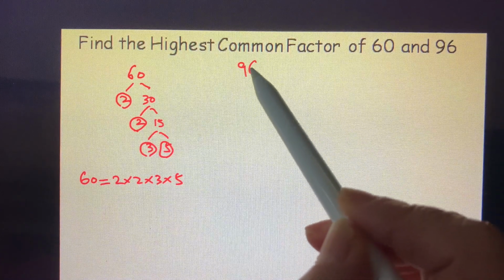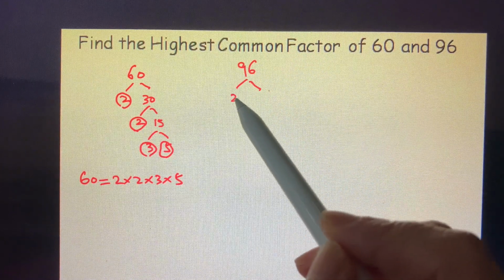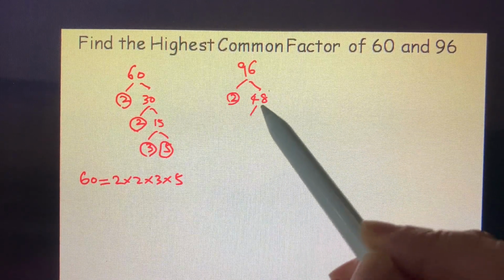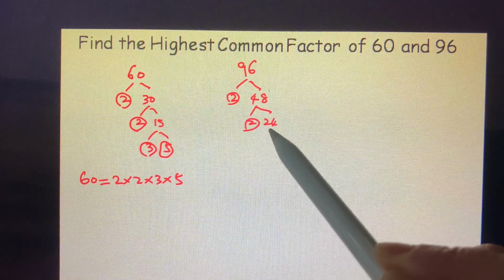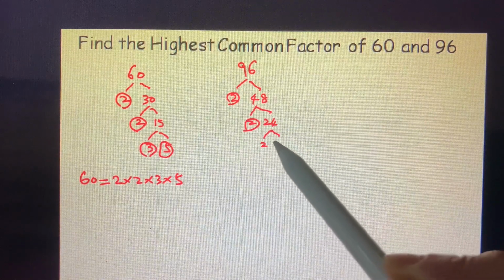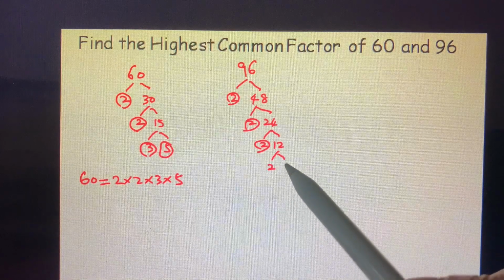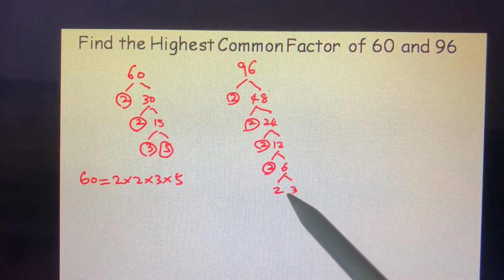96 splits into 2, 48, 2, 24, 2, 12, 2, 6, 2, 3.